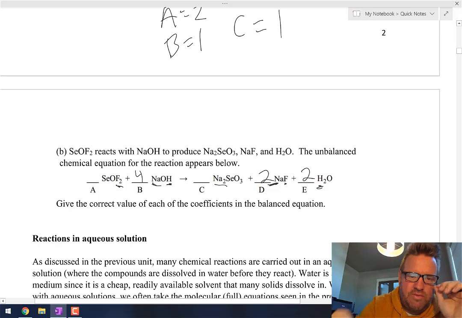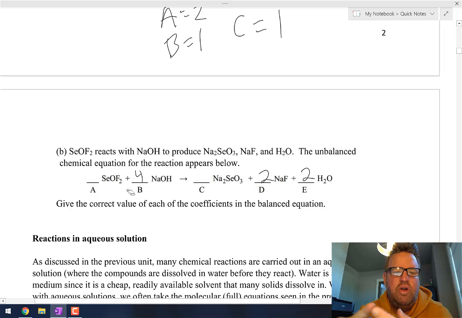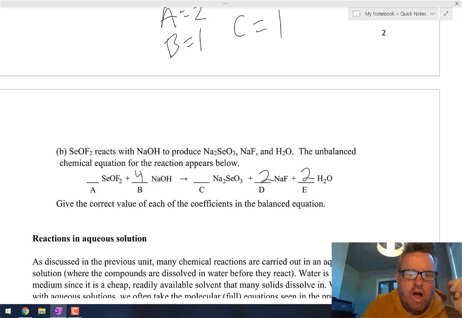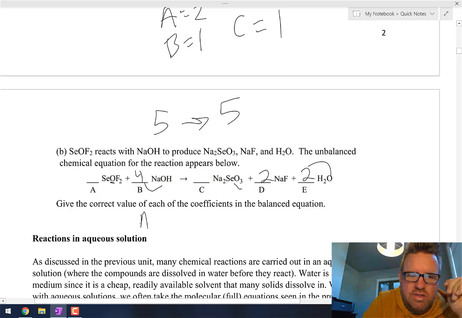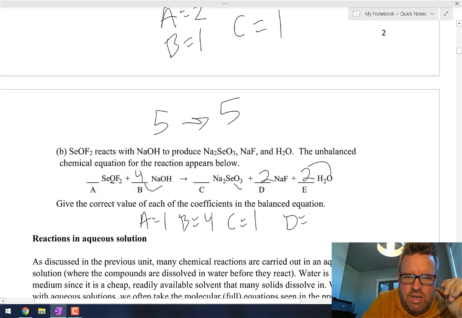Now, the problem is if we fix an oxygen, it's going to mess up something else. Everything else works right now. The seleniums are good, the fluorines are good, the sodiums are good, and the hydrogens are good. So now let's just check our oxygens. So we've got still the 1 oxygen here, but now we have 4 more. So we have 5 on the reactant side, and then we have 3, and then we've got the 2, we've got 5. So A equals 1, B equals 4, C equals 1, D equals 2, E equals 2, done.